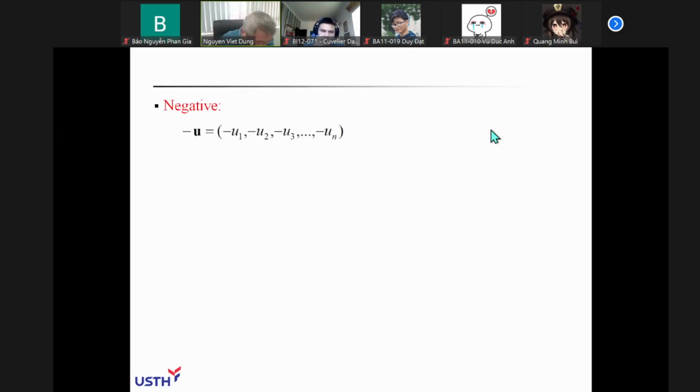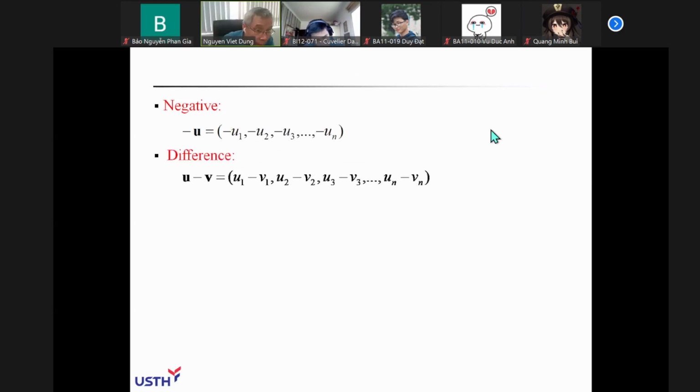Now, given a vector u, we can define what we call the negative of u. The negative of u is denoted by minus u. That is a sequence with the coordinates minus u1, minus u2, up to minus un. So we have a sequence like that, and that minus u has the name negative of u.